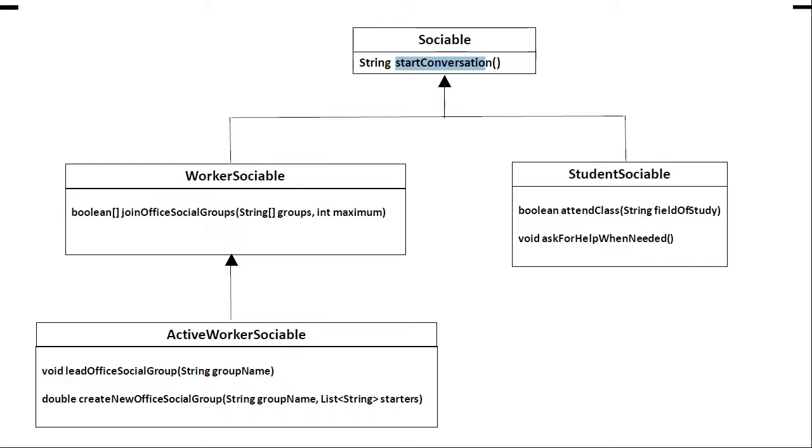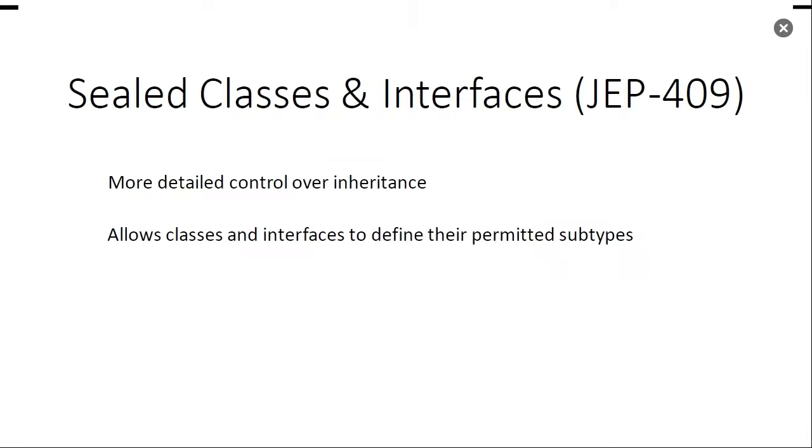Now, apart from the ISP, there is also a recently introduced feature in Java 17 named the sealed classes and interfaces, finalized as the enhancement proposal 409.